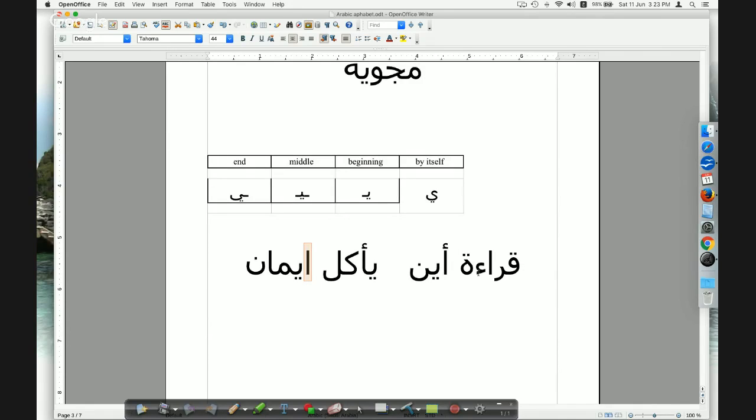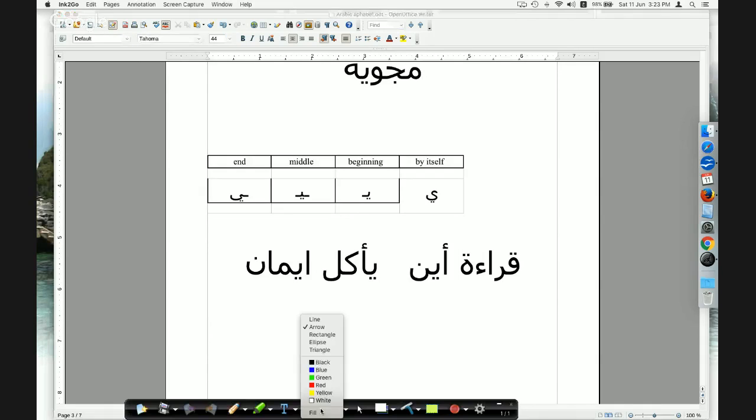Now, this Hamza here, in the first word, qira'a, qira'a. Try to repeat the word after me, because now we took all the letters, so you have no excuse. The first letter is qa. This is qa.